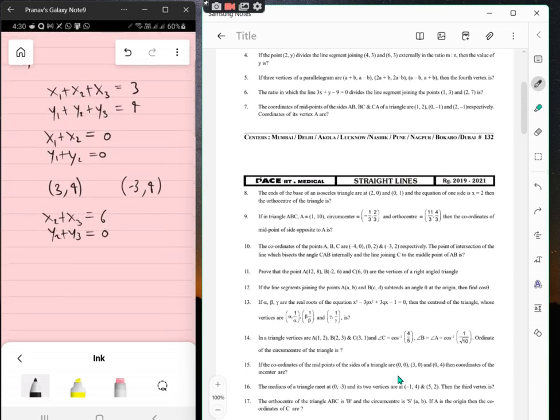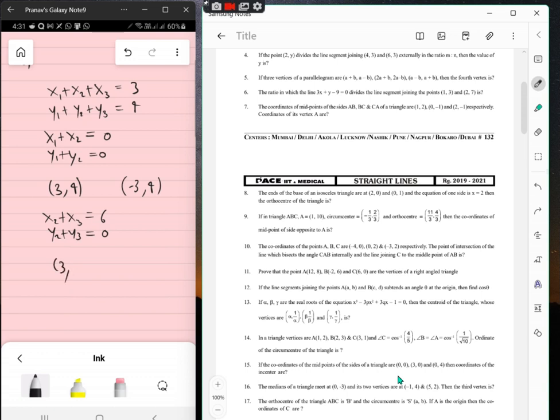Okay, and now for the third point, in fact, you don't even need a third point. We already got what x1 y1 and x2 y2 are. Just put that into this. So 3 minus 3 is 0, so x3 should be 3 as well.